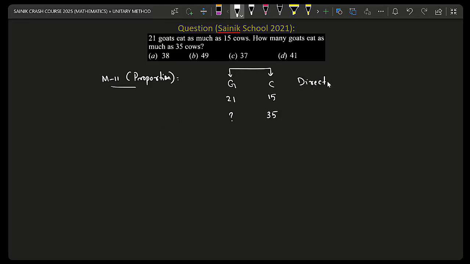And in direct proportion, which quantity is going to be constant? Ratio or product? Sir, ratio. Yes, in direct proportion, ratio is going to be constant. So how can you write the ratio equation?